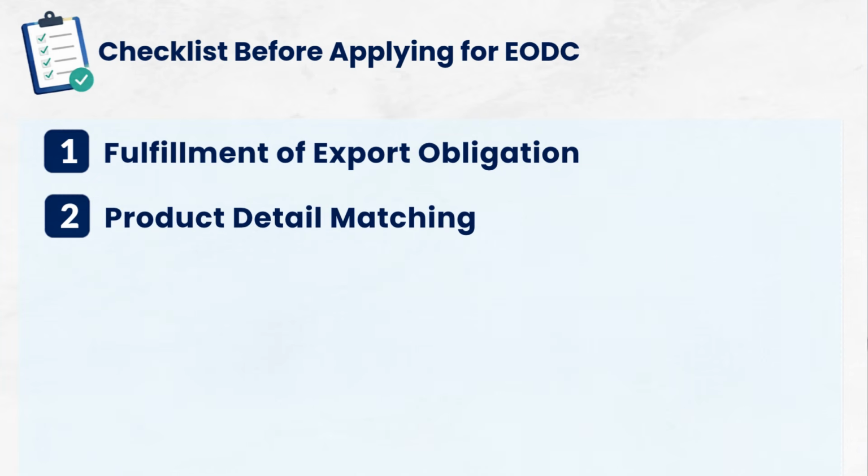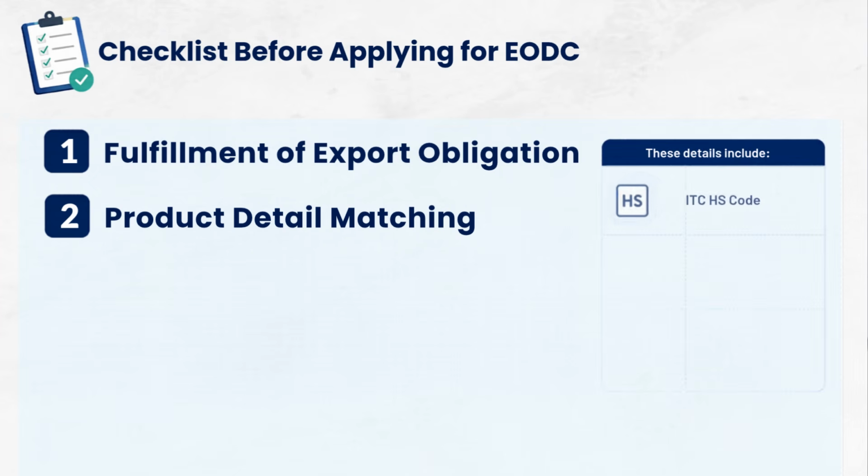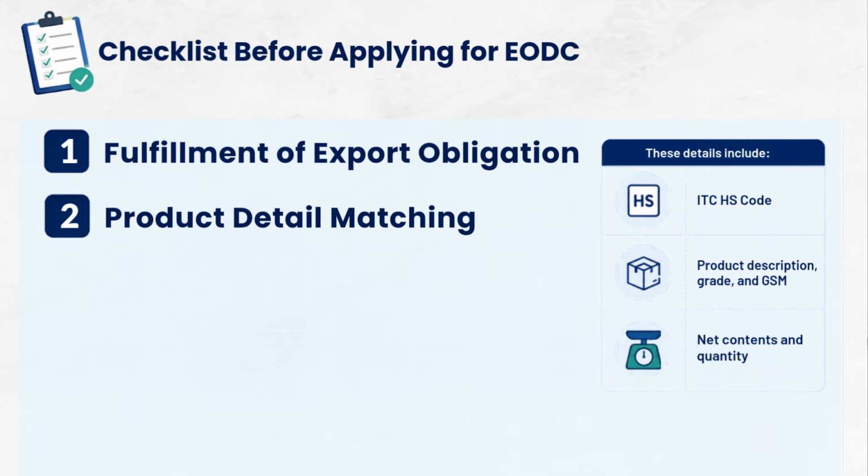Product detail matching. You must check if the details of the exported product on the shipping bill match the product details in the Advanced License and SION, Standard Input-Output Norms, or Ad-hoc norms. These details include ITCHS code, product description, grade and GSM, net contents and quantity.